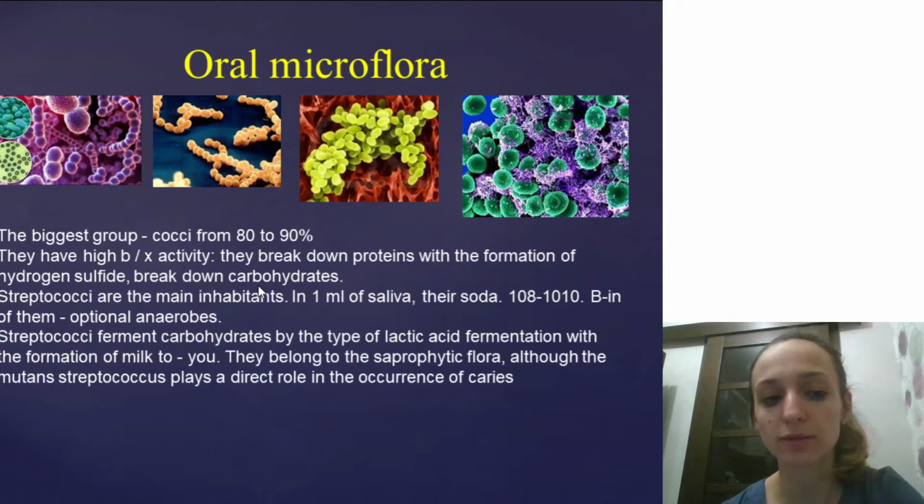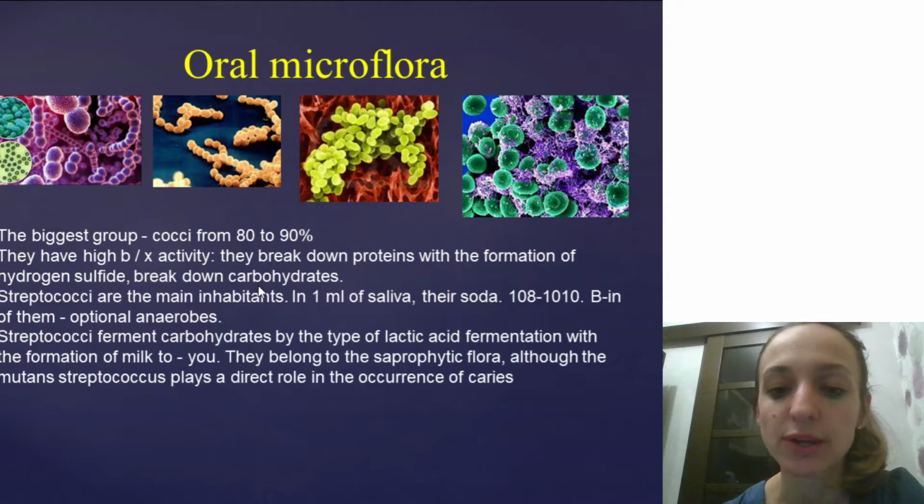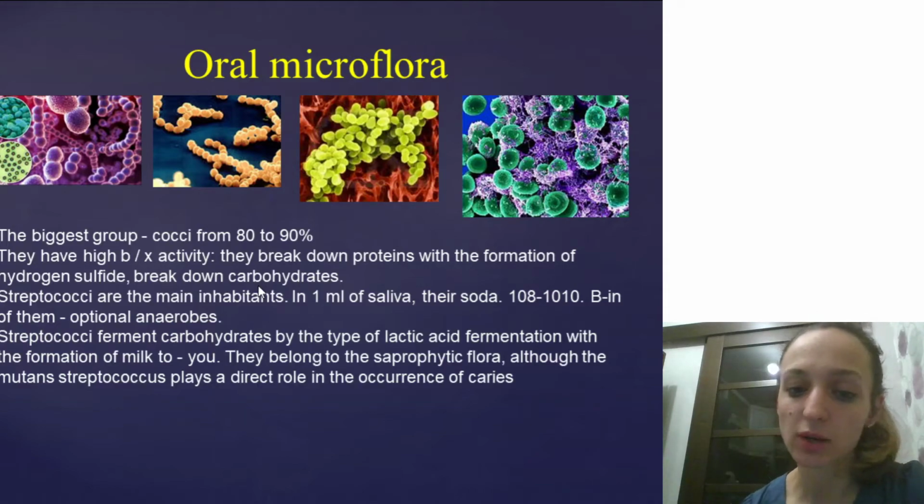So in oral microflora, the biggest group is cocci, from 80 to 90%, and they have high activity. They break down proteins with the formation of hydrogen sulfide and break down carbohydrates.